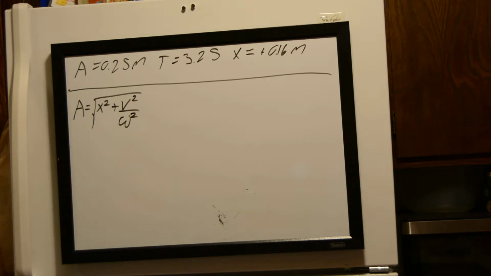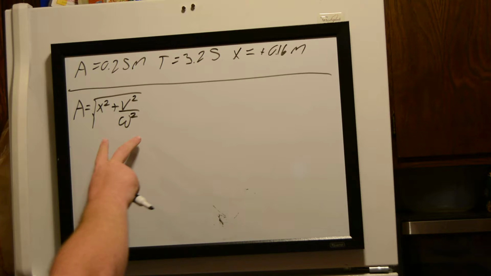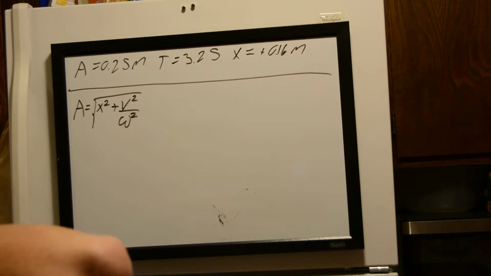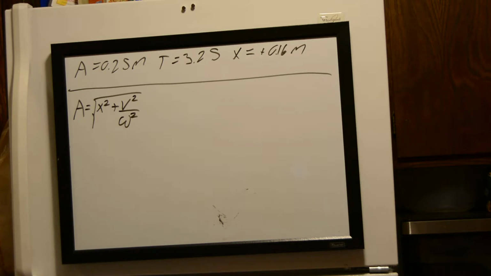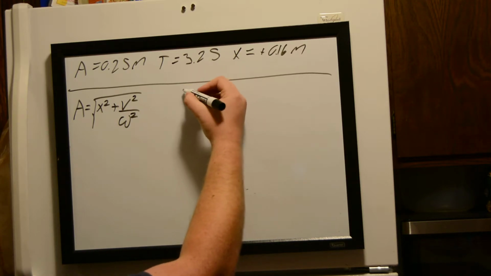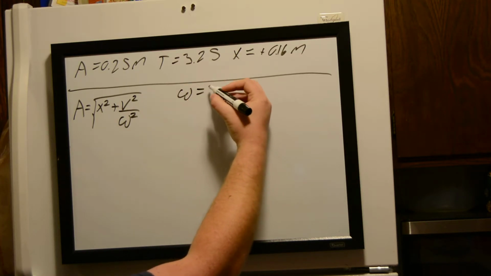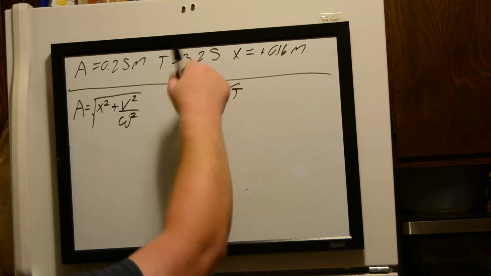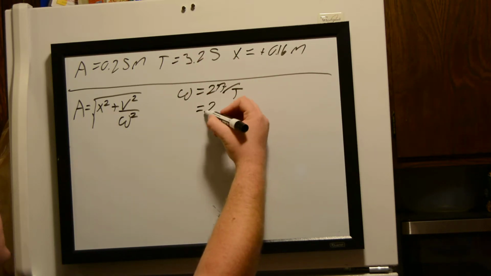So first, what we need to do is, right now we have two unknowns. That's going to be our velocity and our angular velocity. So we need to come up with something to find our angular velocity, and we actually have an equation for that. Angular velocity is equal to 2 pi over our period. Since we're given our period, we can just go right into that.